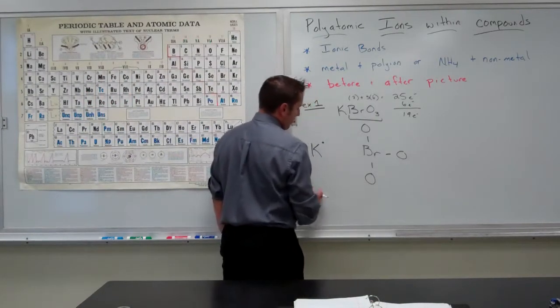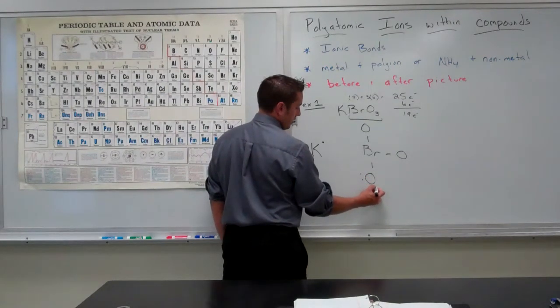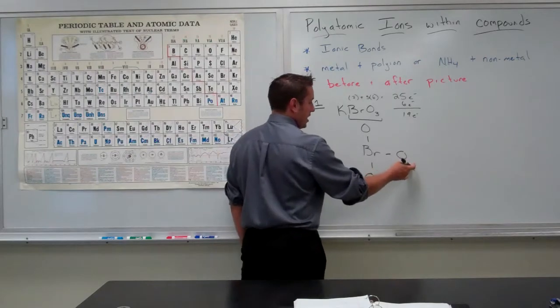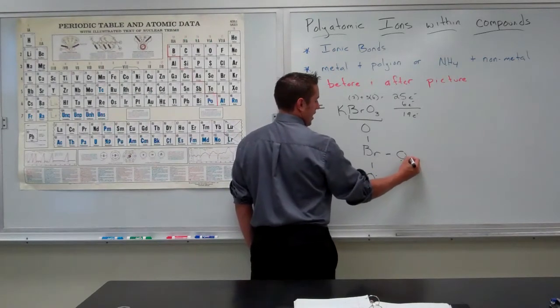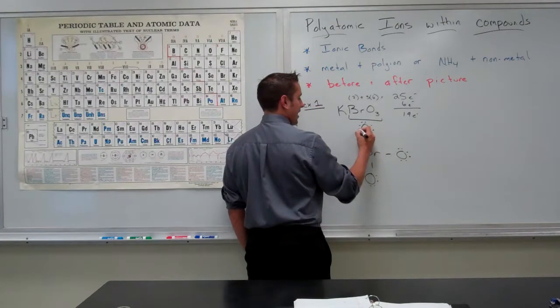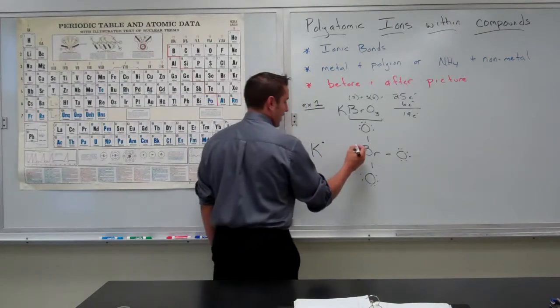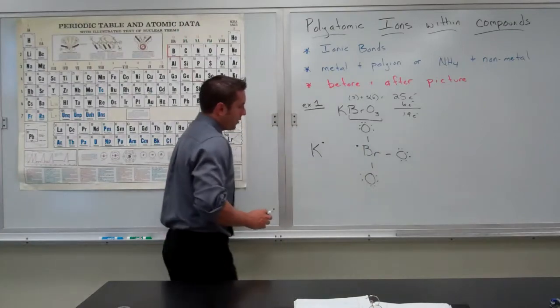So if we start on the bottom, oxygen needs 8, it only has 2, so we'll give it 6. Same thing here, so that gets us 7, 8, 9, 10, 11, 12, 13, 14, 15, 16, 17, 18. I still have 1 left, and if there's extra, it goes onto the center atom, 19.